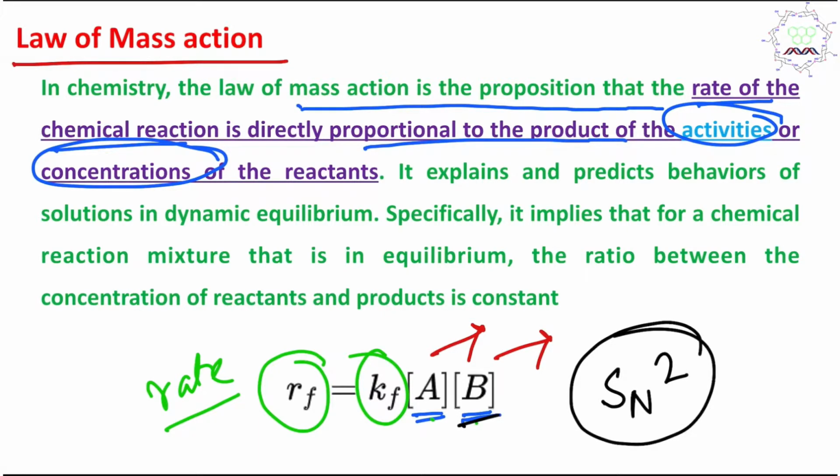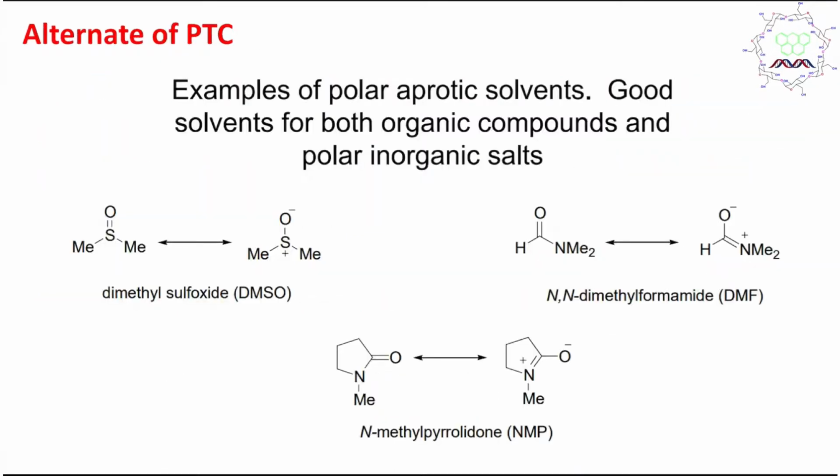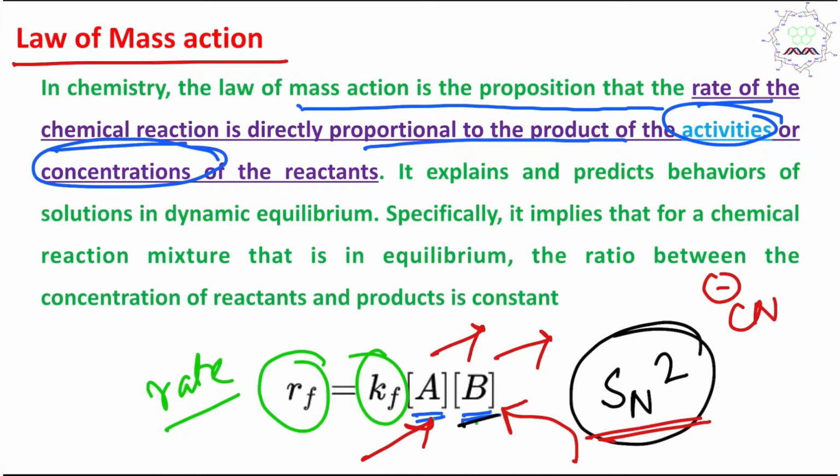The rate of reaction is proportional to the concentration of A, we understood, and the concentration or activities, you may consider the active mass of this cyanide anion in the form of quaternary ammonium cyanide, will dictate how the reaction will happen. Since the concentration is more, the rate is more, so the reaction will happen more efficiently, and ultimately the alkyl cyanide will be obtained. Okay, so now we have understood.